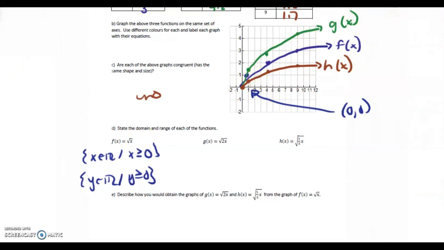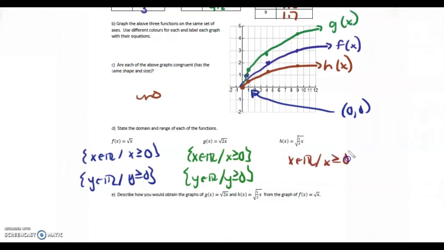So actually all of the domains and ranges are going to be the same. They're not reflecting, so they're still going to go up forever and to the right forever.